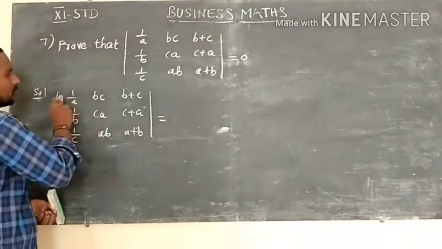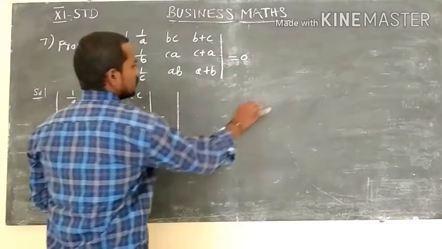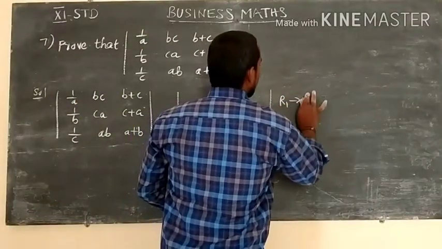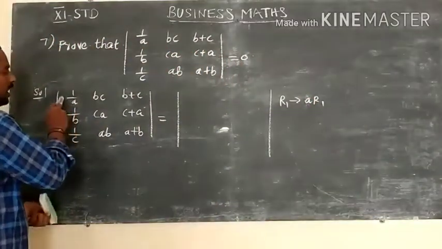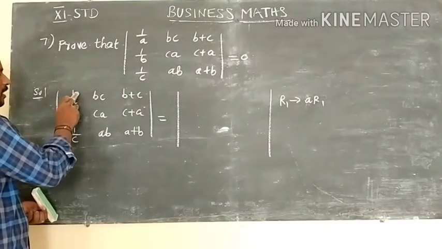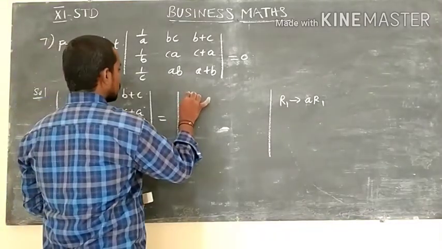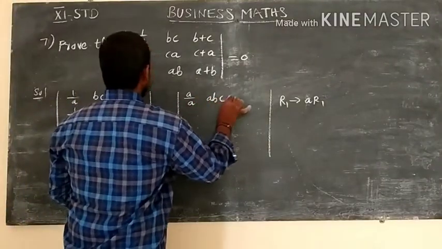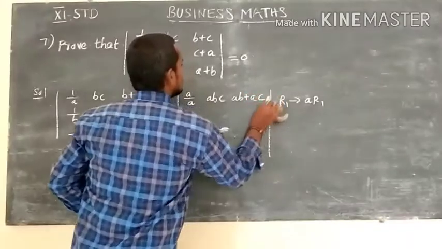Here multiplying R1 by a. Okay. So the determinant. So R1 tends to a into R1. Okay. So R1 multiplying by a, because 1 by a, so 1 by a multiplying by a we get 1. Okay. So 1, then abc, a multiplying ab plus ac.